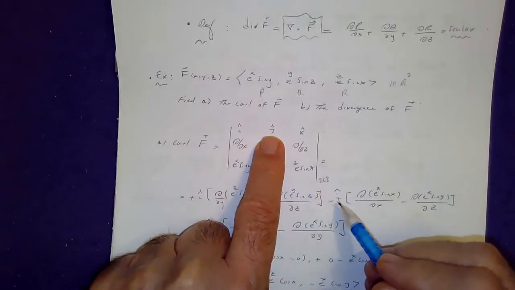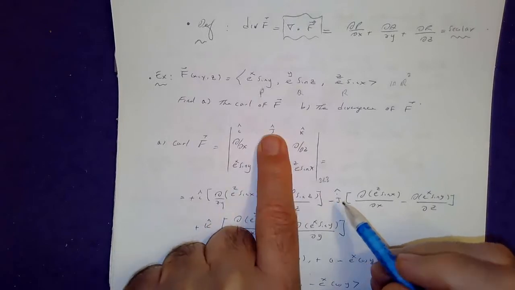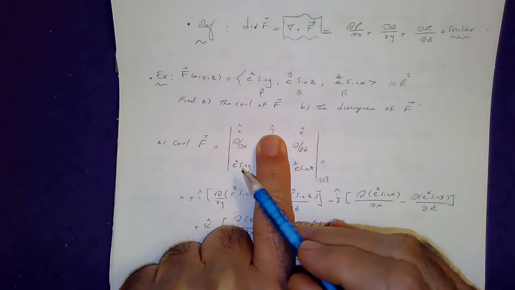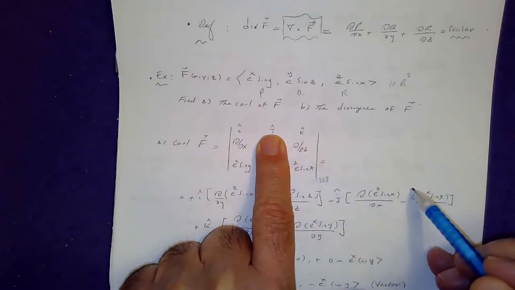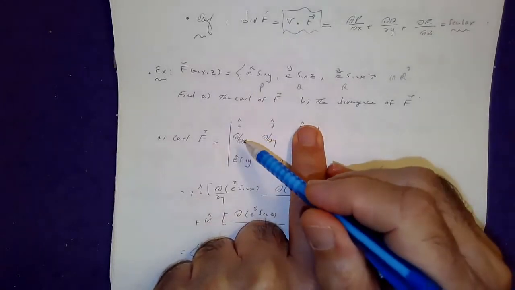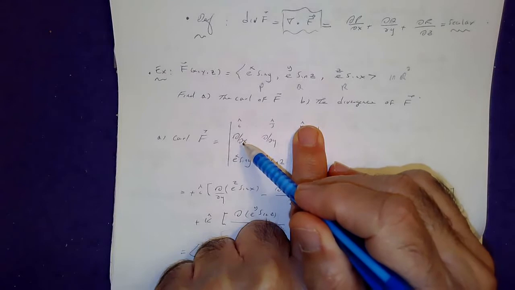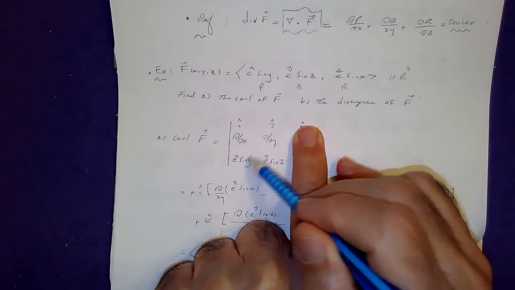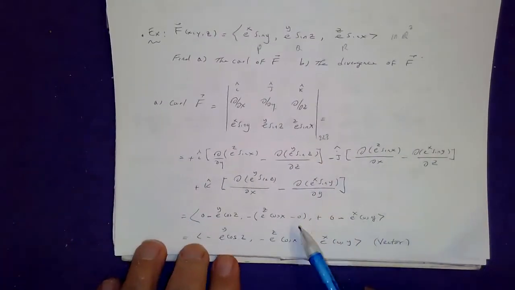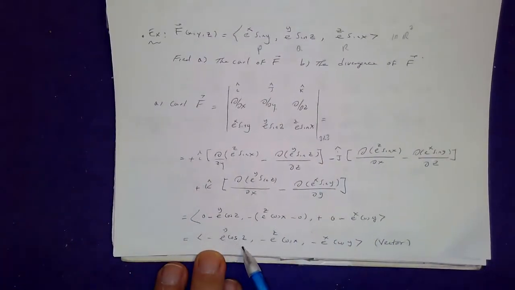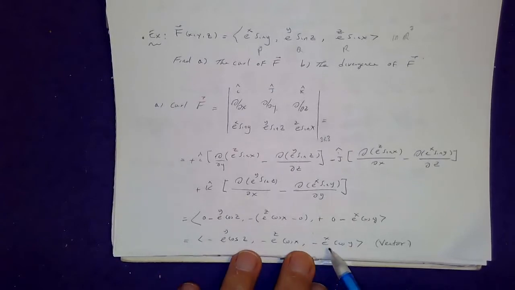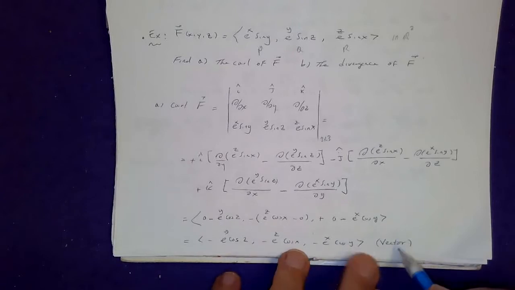If you expand this, you would get i times the partial of this function with respect to y minus the partial of this function with respect to z. Don't forget there is a minus sign, then j, and that would be the partial of this function with respect to x minus the partial of that function with respect to z. Then you have the k component, which is the partial of this function with respect to x minus the partial of that function with respect to y. When you take those partials, you end up with minus e to the y cosine of z, minus e to the z cosine of x, minus e to the x cosine of y.